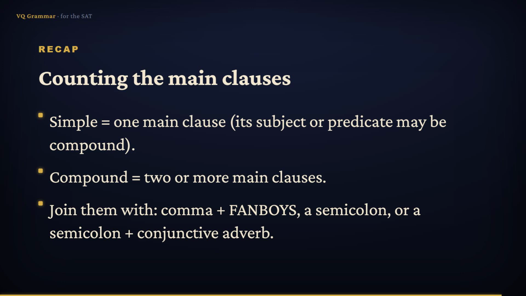And remember the comma test. One clause needs no comma, but two clauses joined by a conjunction do. Great work! In Lesson 25, we'll add subordinate clauses to build complex and compound complex sentences.